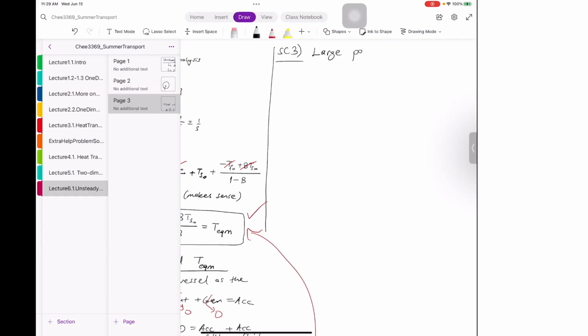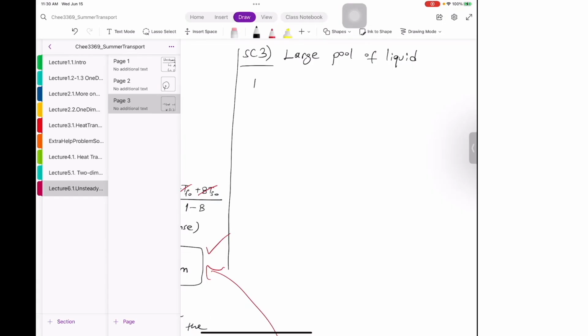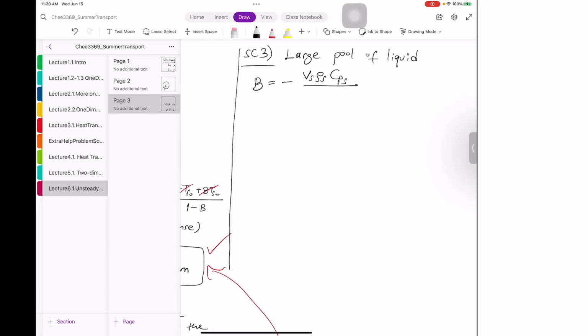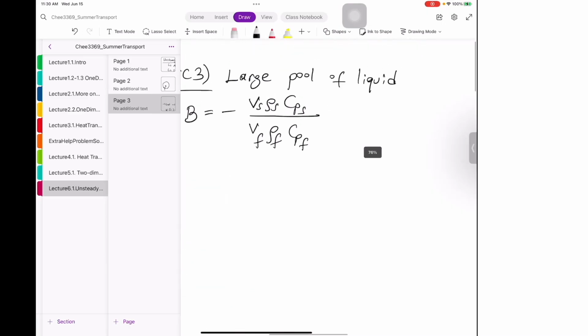Large pool of liquid. Imagine an extreme case where you have a lot of liquid and the amount of solid is going to be negligible with respect to the liquid. So what does it mean? It means the following. The B term, which was equal to Vs rho s Cps divided by Vf rho f Cpf, right?